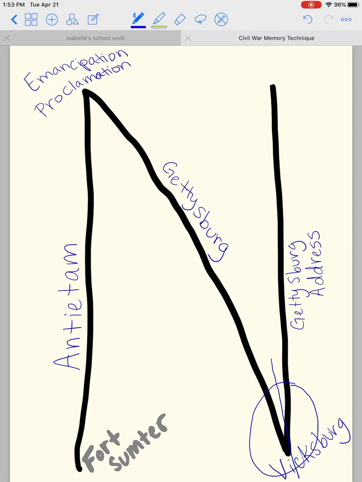And so at the top of our N, the final victory is going to take place called Appomattox Courthouse. On April 9th, 1865, there was a small battle outside of Appomattox.